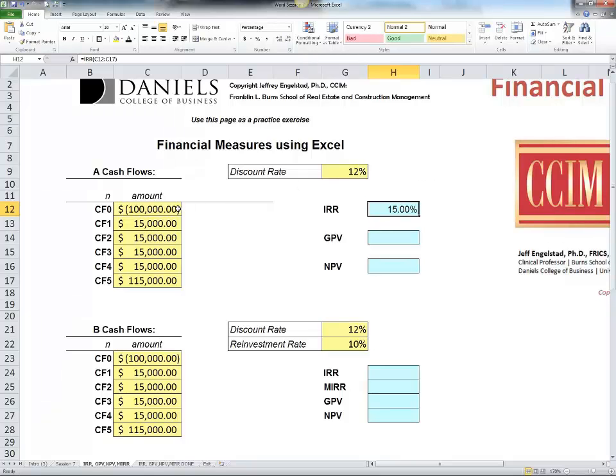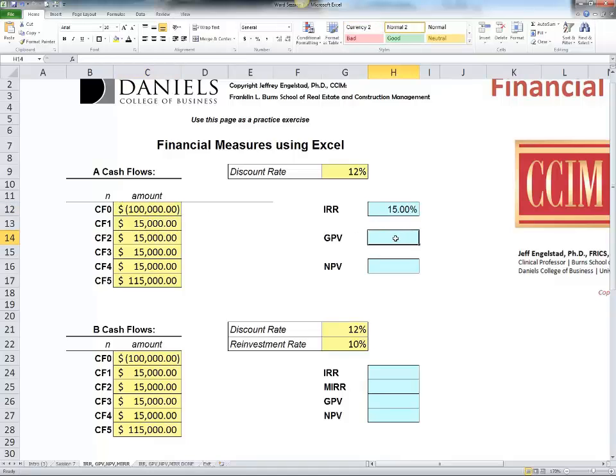Now, armed with the knowledge that this investment has a 15% internal rate of return, and your discount rate is 12%, what is the value of these cash flows? We know what the cost of these cash flows is. The cost of these cash flows is $100,000. However, that cost may or may not equal the value of those cash flows.